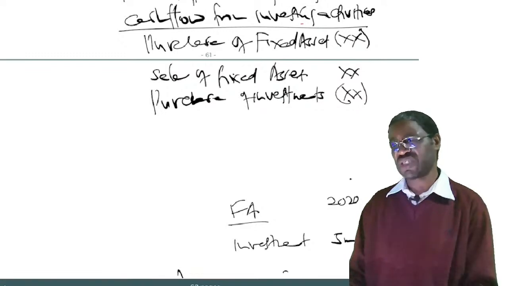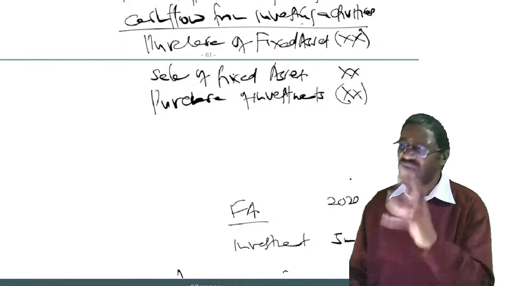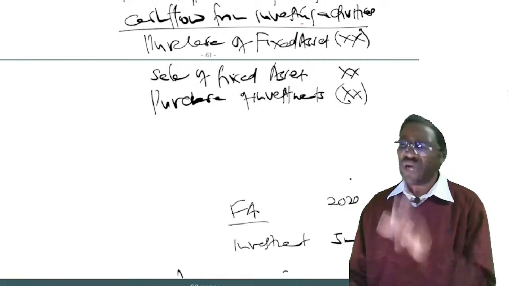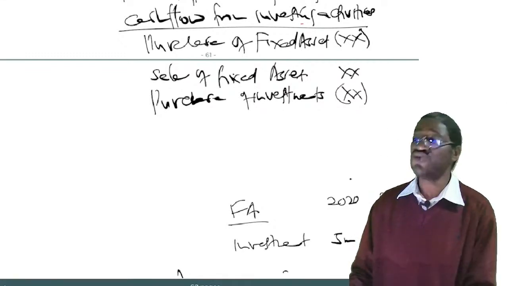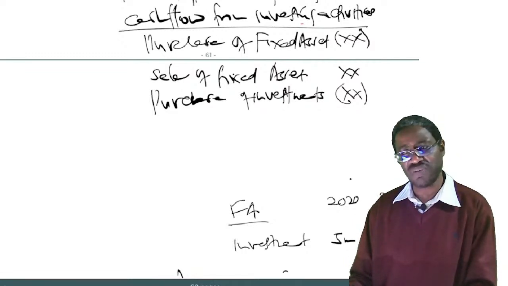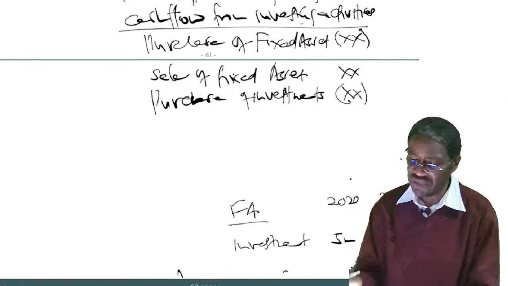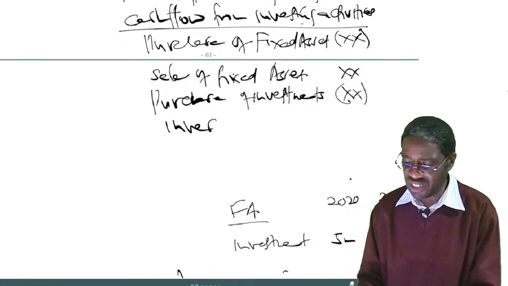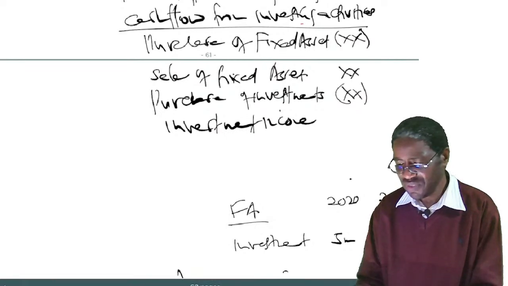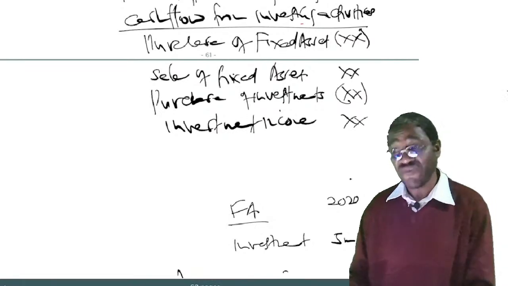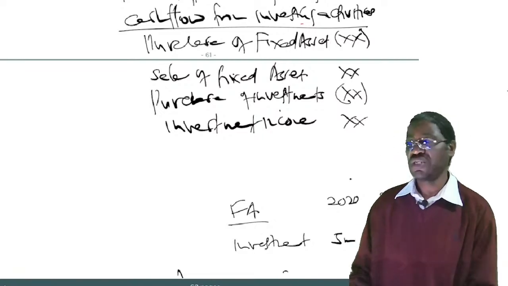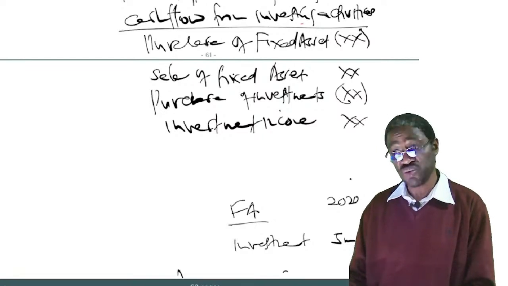Suppose these investments that you have gave you some income in form of dividend income. So any investment income that you as a company are receiving should also be classified as an investing activity. Any investment income, it's an inflow. You could be receiving dividends from your investments. That is an income to you.